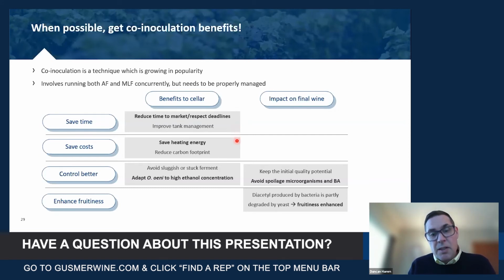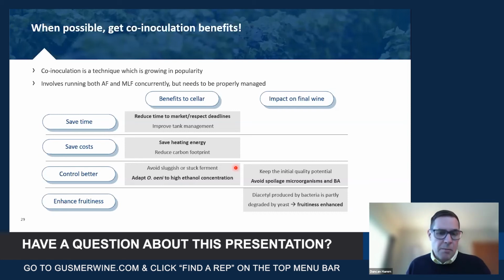There's cost savings often with co-inoculation. If you don't have to heat the wine for malo because it's already gone through, that's quite a good saving. Also, it reduces the carbon footprint. Also gives very good control. And if you're looking at a wine that has particularly high brix or high sugar, or is at a high level of extraction or high level of polyphenols, co-inoculation is a very good way of addressing those wines, because both the phenolics and the alcohol can be inhibitory.